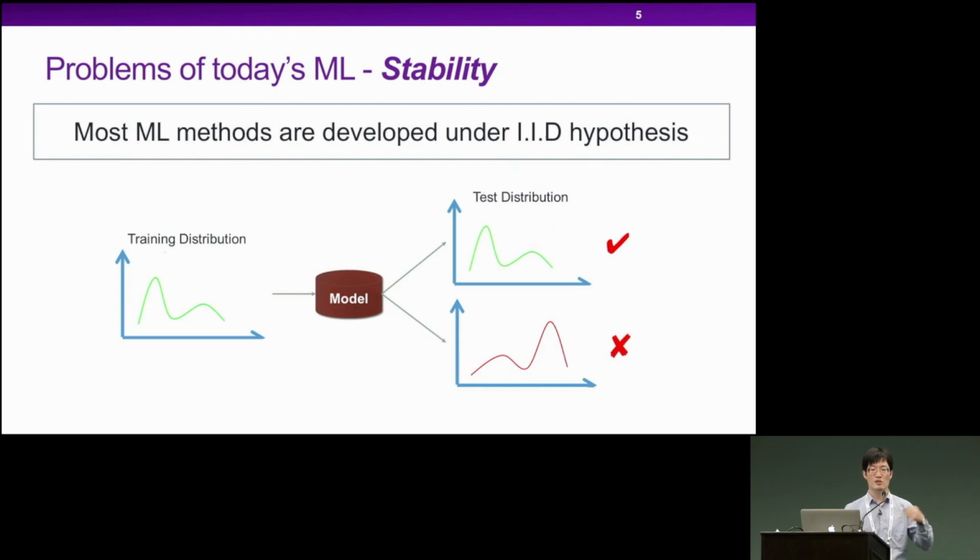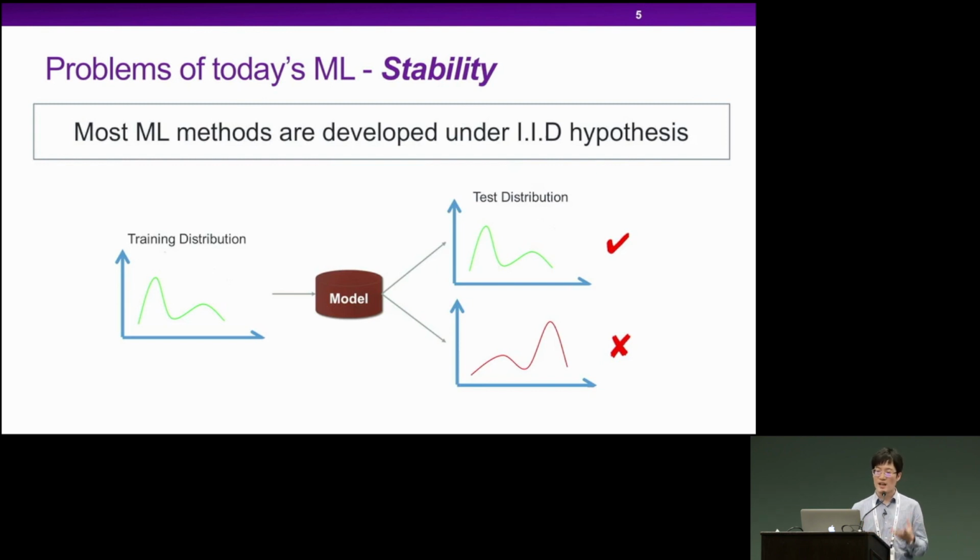In simpler words, the testing distribution should be similar to the training distribution. If this hypothesis is satisfied, no problem. But if the distribution systematically changes from the training distribution, then there is no performance guarantee here. So that's a problem.